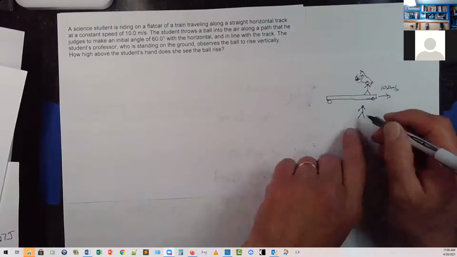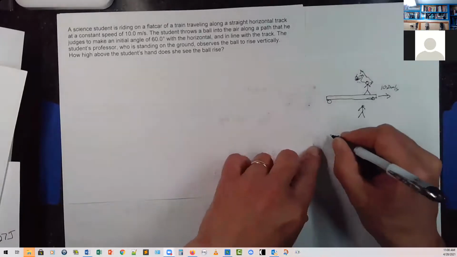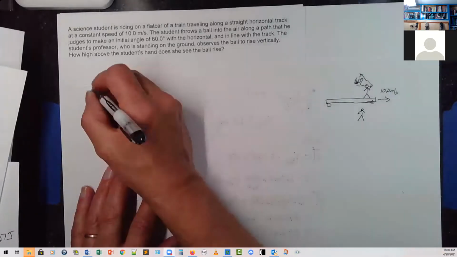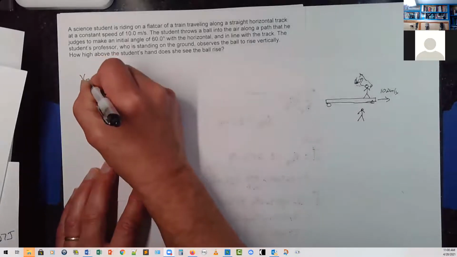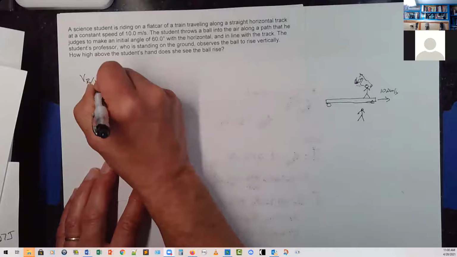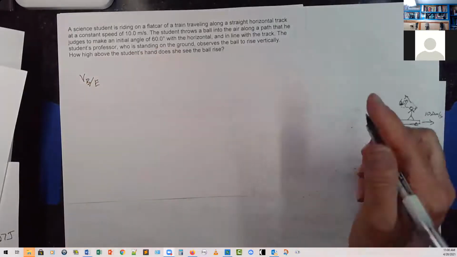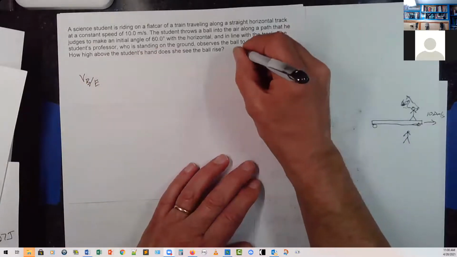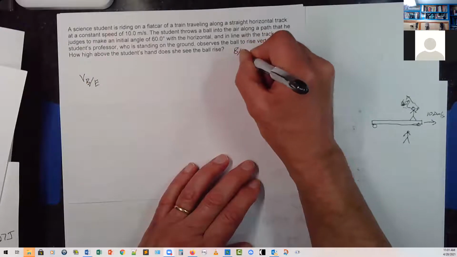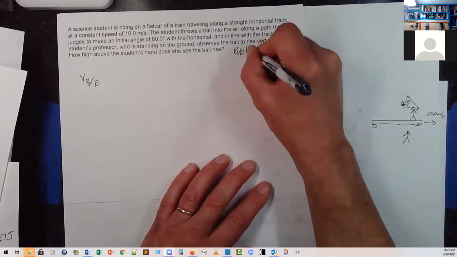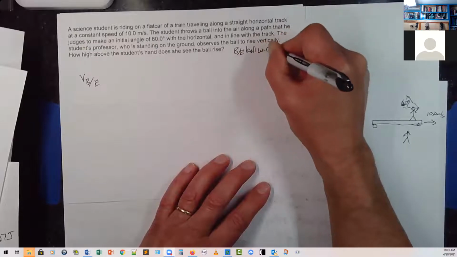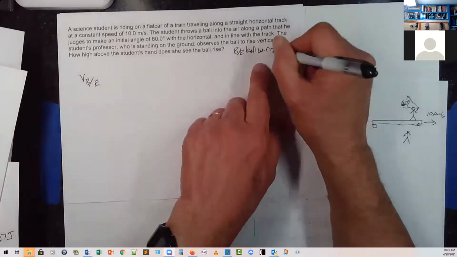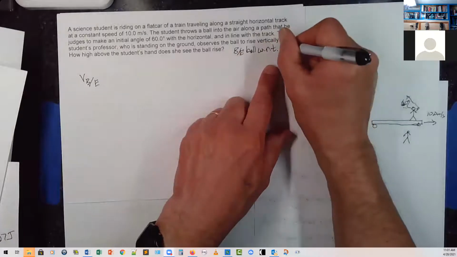Now, we can write this as the velocity of the ball with respect to the Earth. So B/E is going to stand for ball with respect to, WRT is the way I abbreviate with respect to.